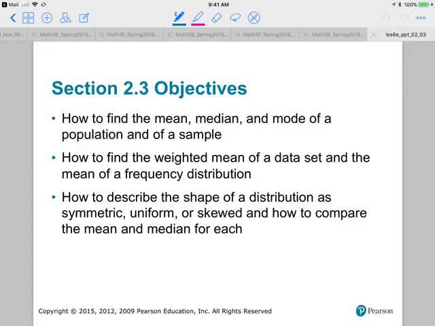Most of you will have seen these definitions before. We'll get to some new stuff usually with this third objective here, which is describing the shape of a distribution as symmetric, uniform, or skewed. For skewed, we've got kind of two options: left skewed or right skewed.